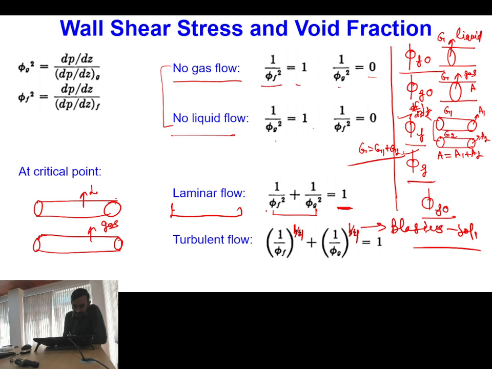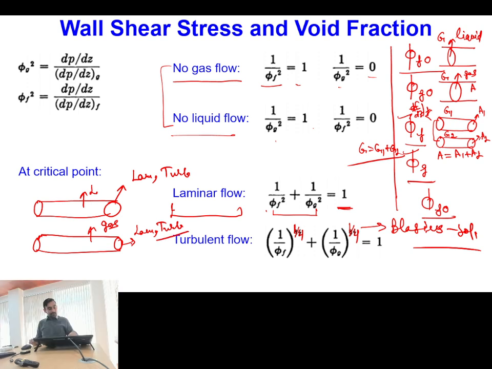How 4 different arrangements? In the first pipe I can have either laminar or turbulent flow. In the second pipe I can have laminar or turbulent flow. Okay. So one combination can be both laminar, one combination can be this laminar, this turbulent, the second combination can be this turbulent, this laminar, and the fourth can be both turbulent.